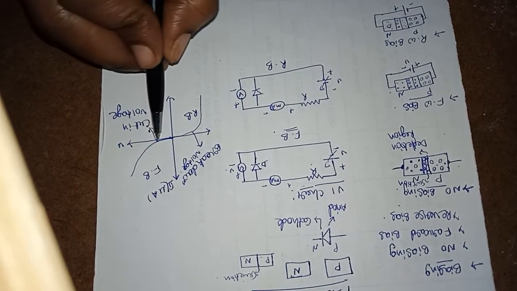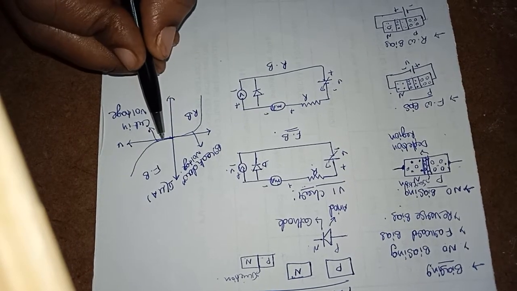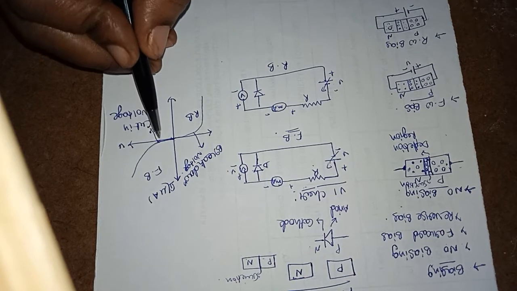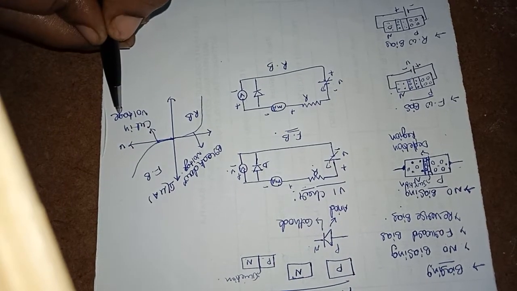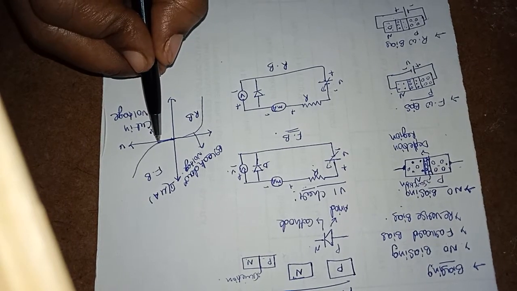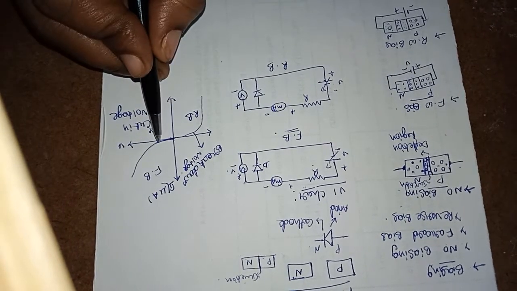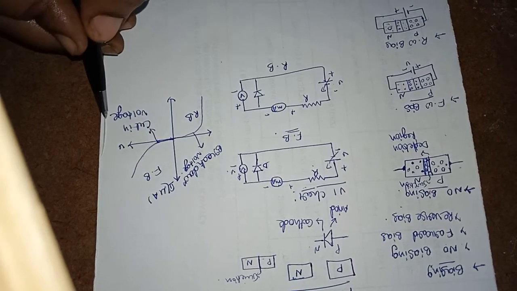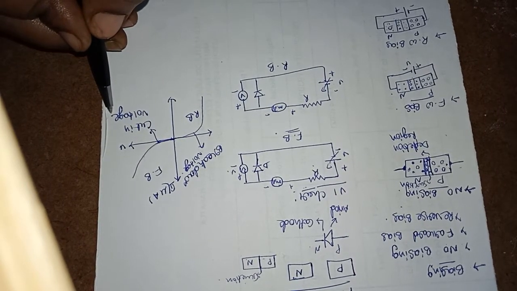The voltage where the diode current increases suddenly is known as the cut-in voltage or knee voltage. In other words, where the diode changes from the off state to the on state is known as the knee voltage or cut-in voltage.